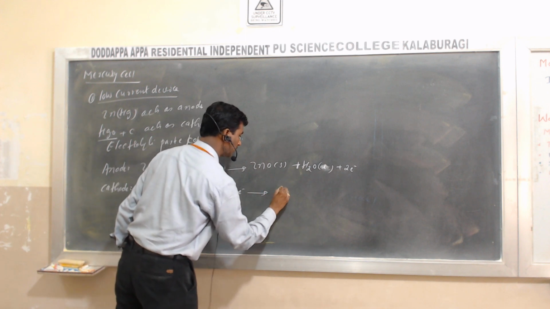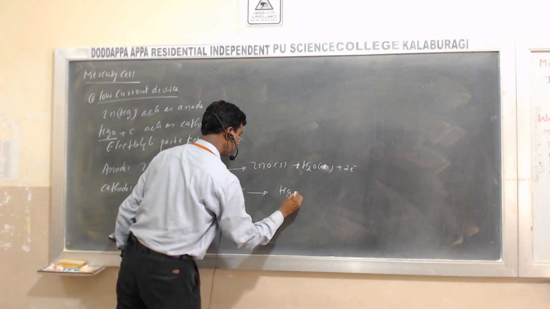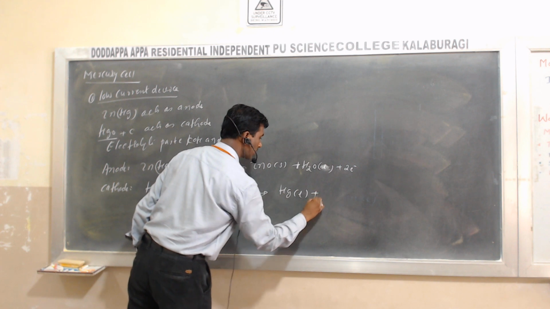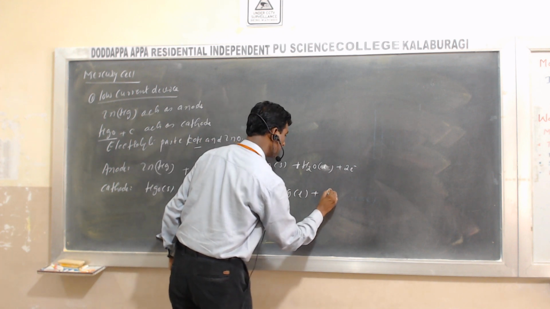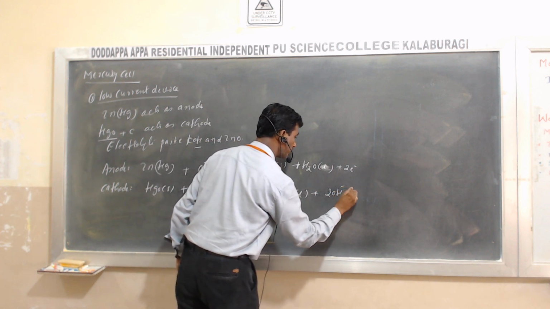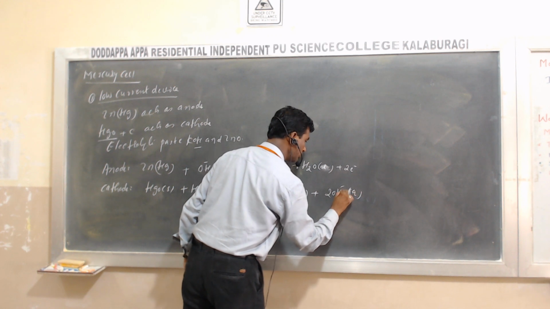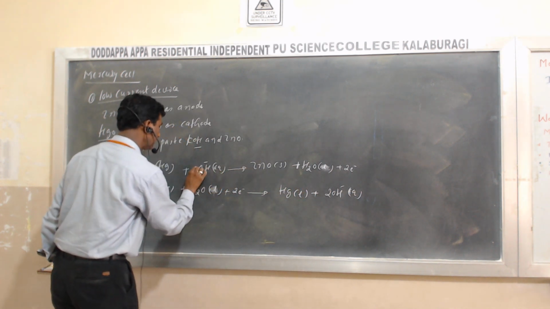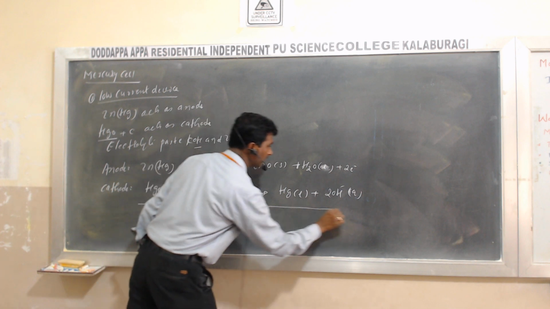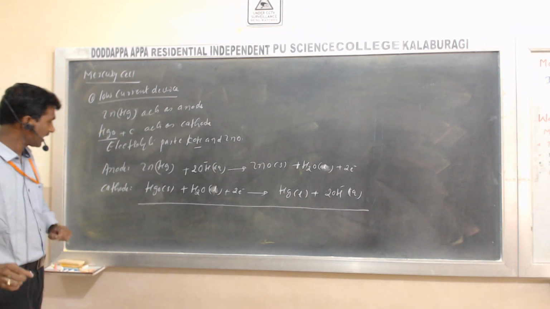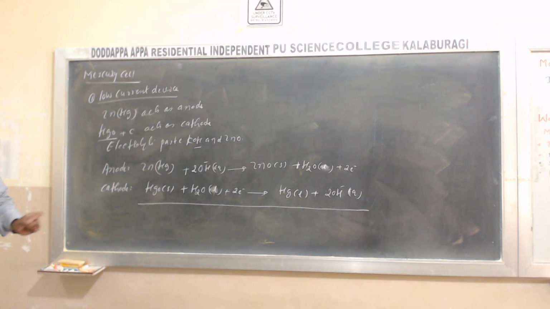By this it gives Hg liquid plus 2OH minus. I can balance it here. So this is the anodic reaction and the cathodic reaction.